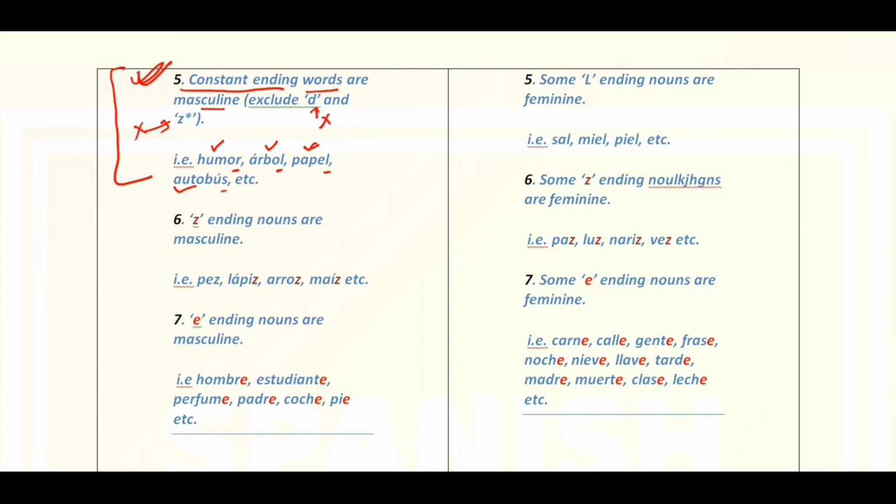Another side, see. L is also a consonant, but some consonant, or we can say L-ending, nouns are feminine in nature. We have some examples written down. You can see, first example is sal.